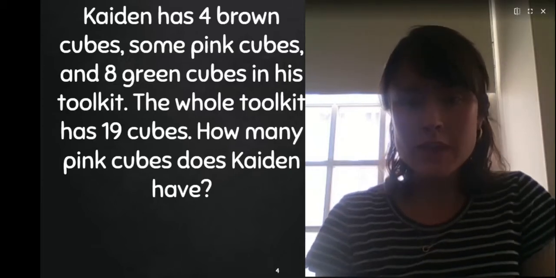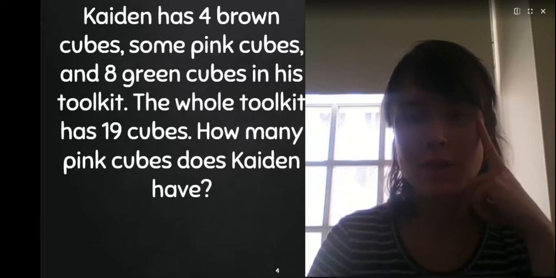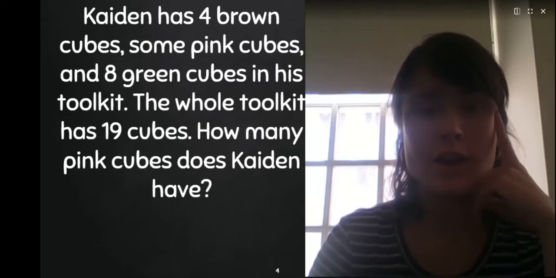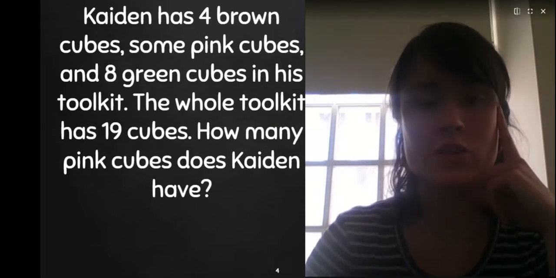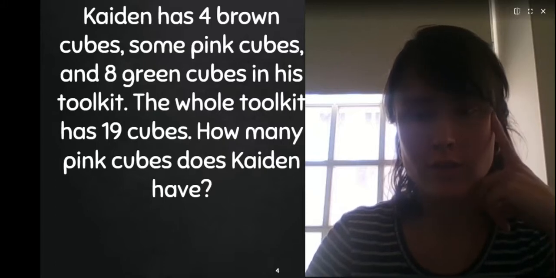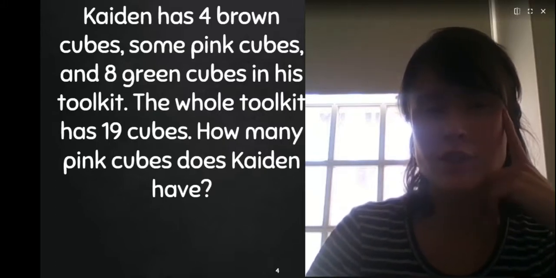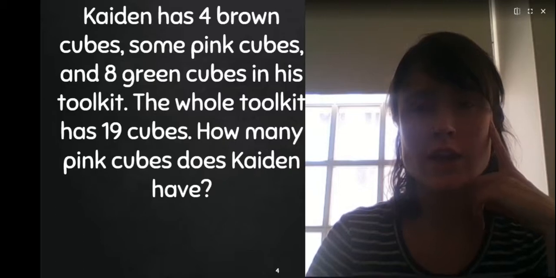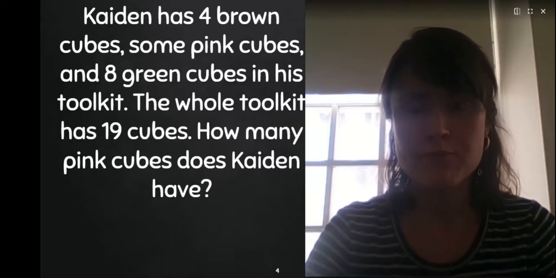All right, give me a thumbs up if you were really able to make a movie about Caden and his 3 different color cubes in his toolkit. Okay, so now it's time to ask our brains, what do we already know in this story problem?